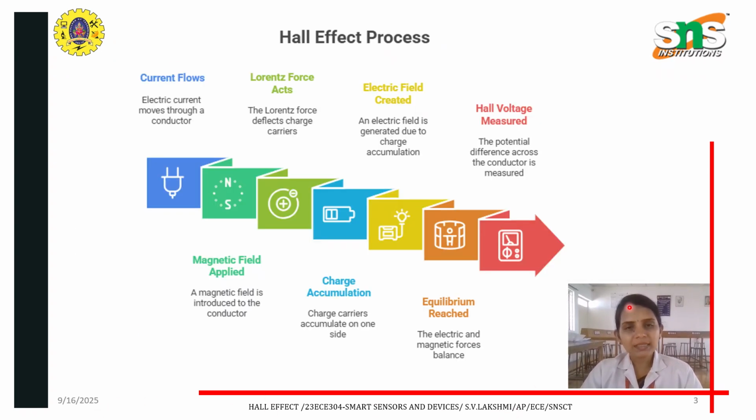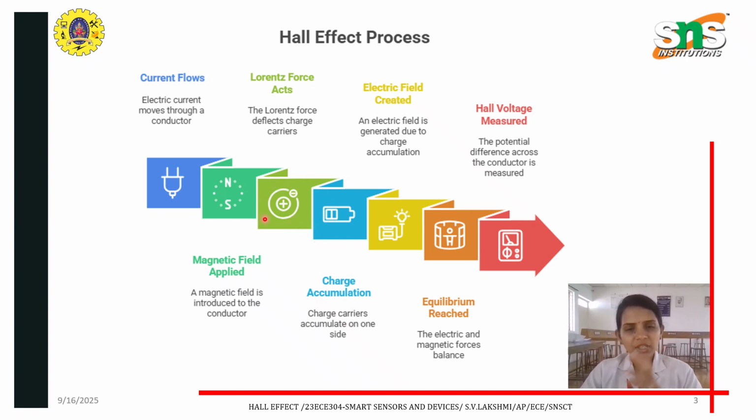Now let us discuss the flow of how the Hall effect process is carried out. Initially, when we consider a conductor or a semiconductor, a current will be flowing through it. When we apply a magnetic field to the conductor, charge accumulation takes place.